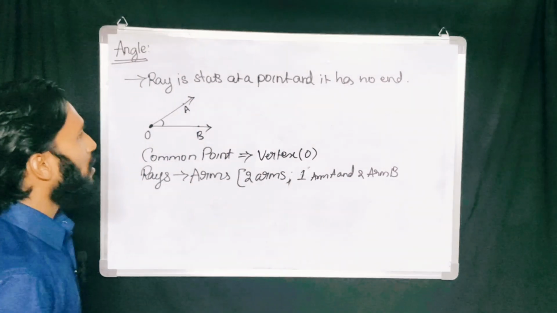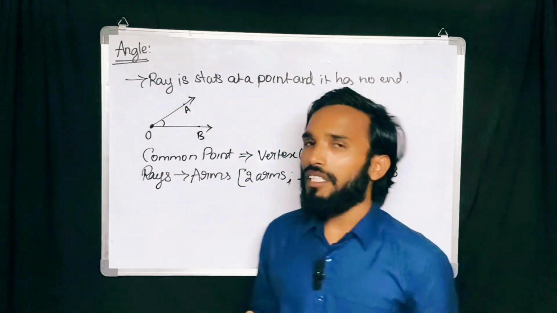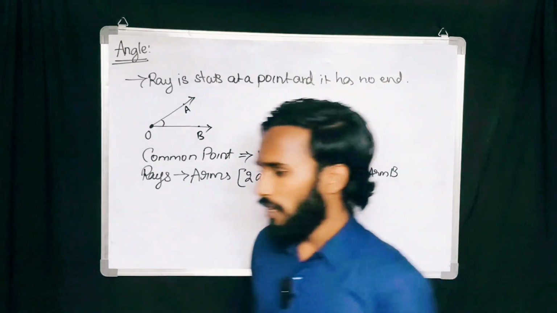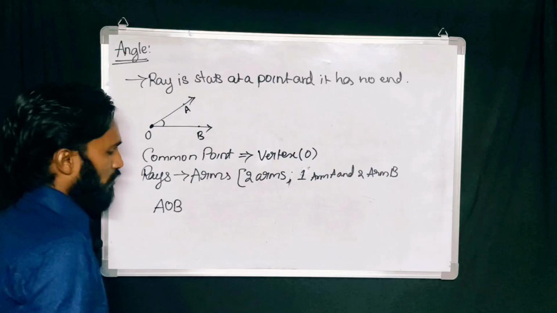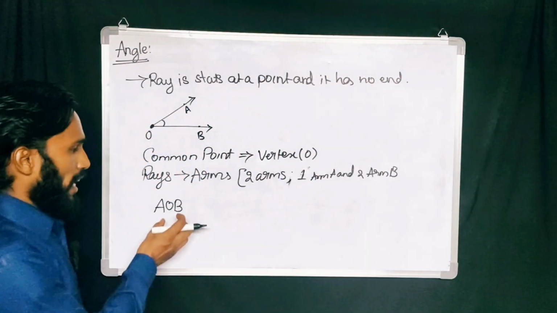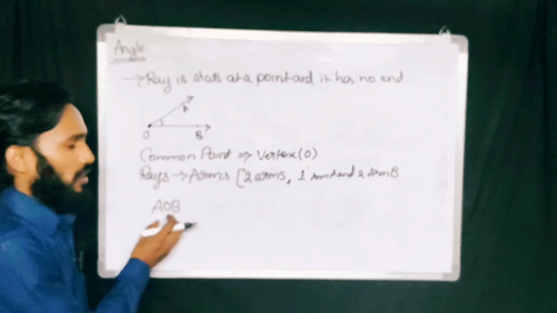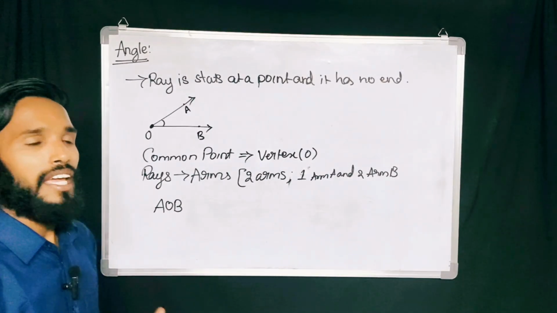So we can name this angle like this: AOB. But this is not enough, this is only AOB; we say angle AOB.